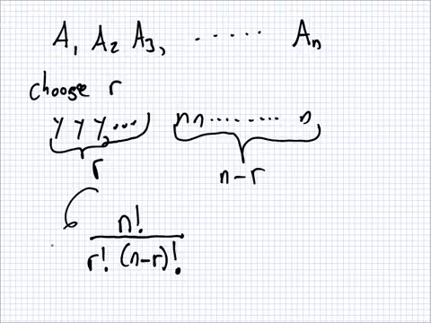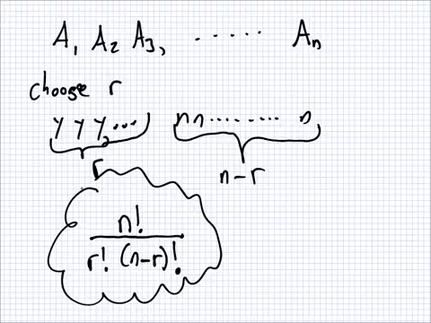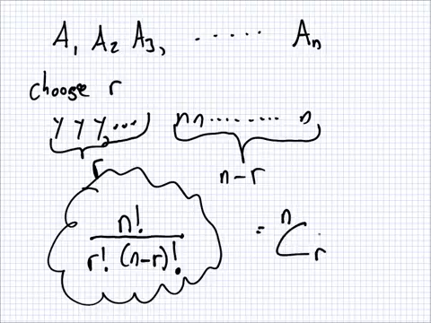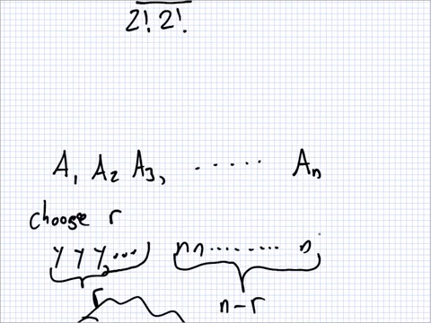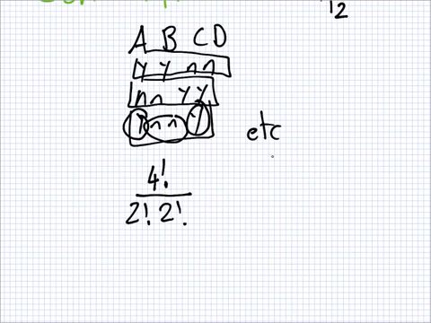Now I hope that this looks familiar. You've seen that somewhere before with me. This is exactly the same as nCr. So in fact, in my previous question, this was the same as 4C2.